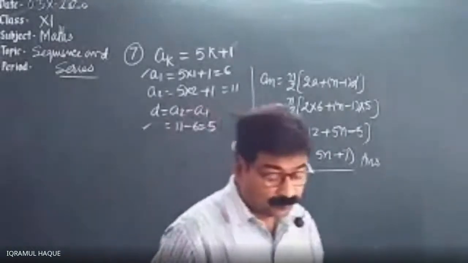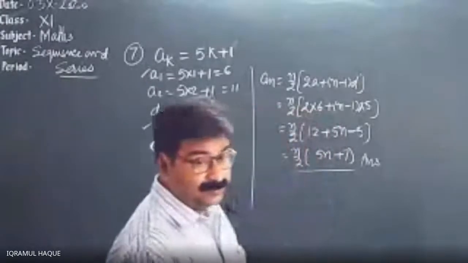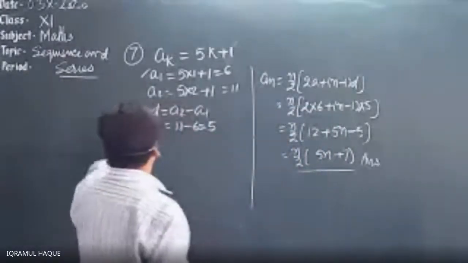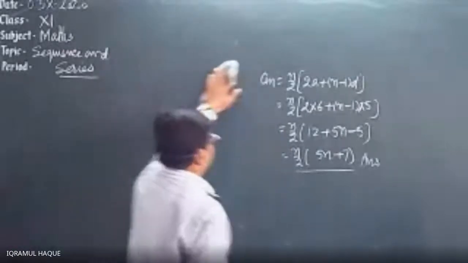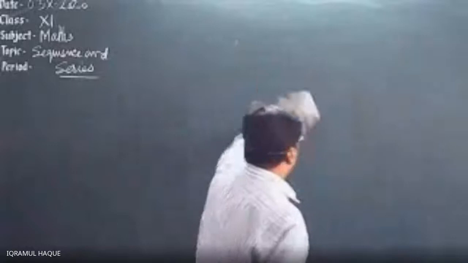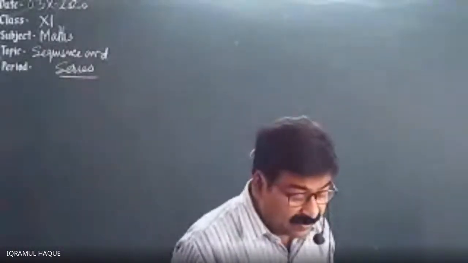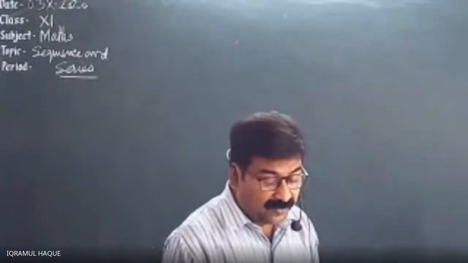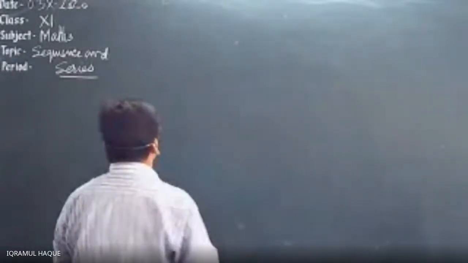Now, question number 8 is again a simple question. See, the eighth question: the sum of n terms of an AP is Pn plus Qn square.